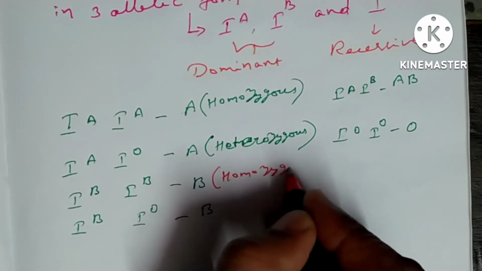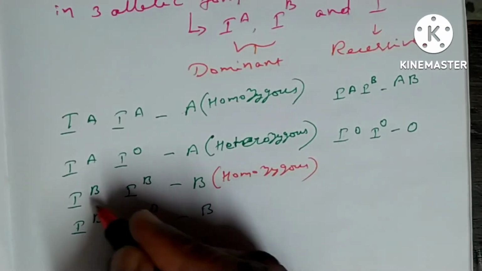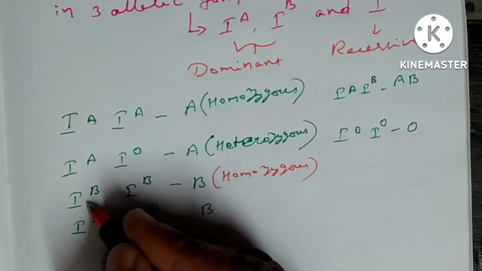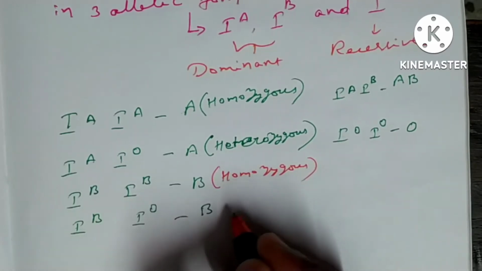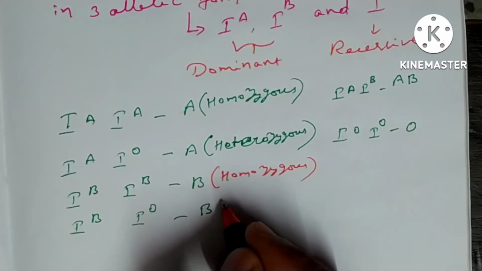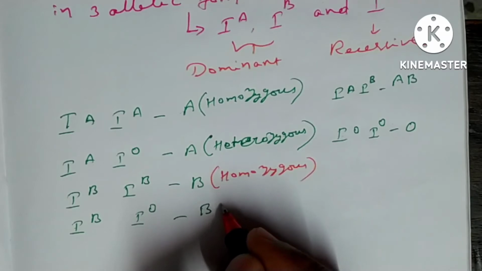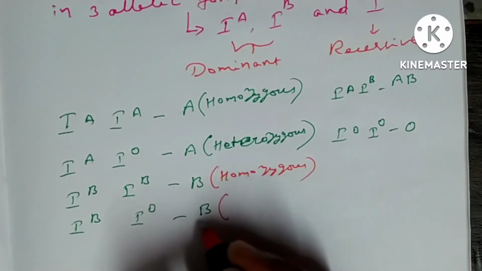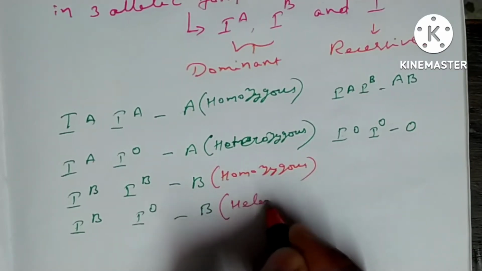IB, IO is heterozygous, blood group B, but heterozygous.